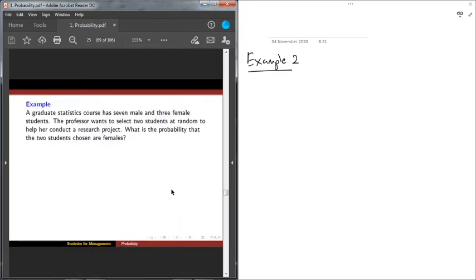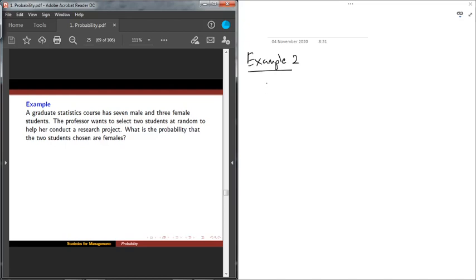The professor wants to select 2 students at random to help her conduct a research project. What is the probability that the 2 students chosen are female? So the professor will select 2 students to conduct the research project.